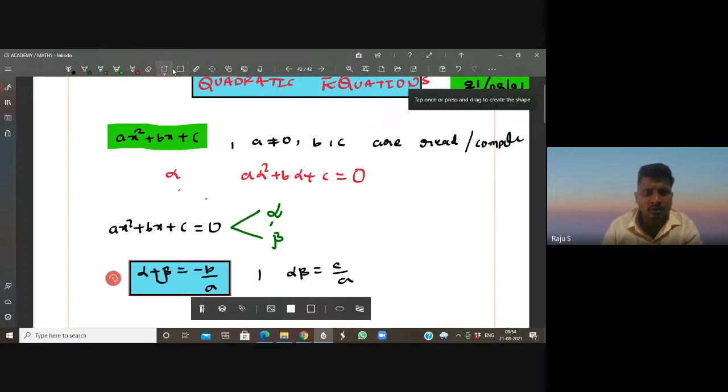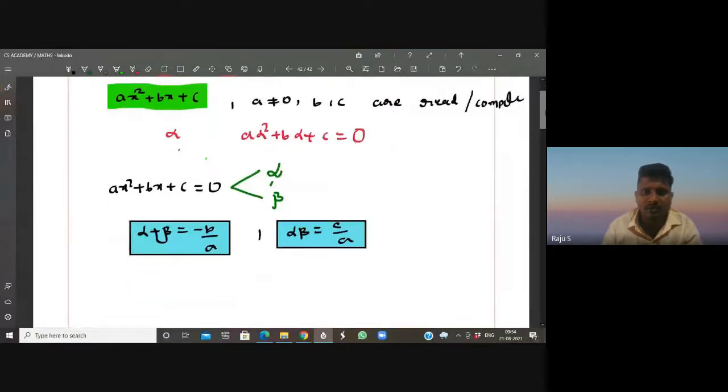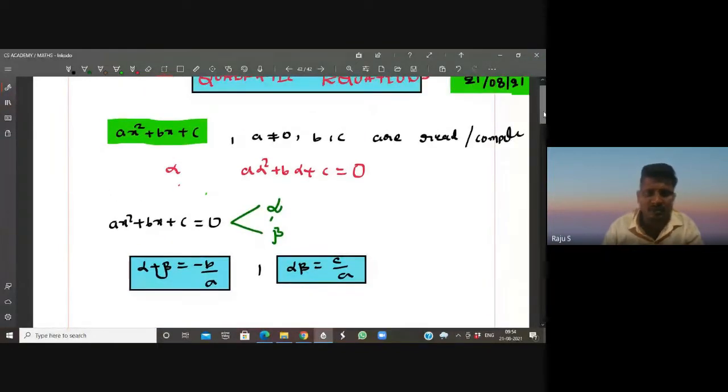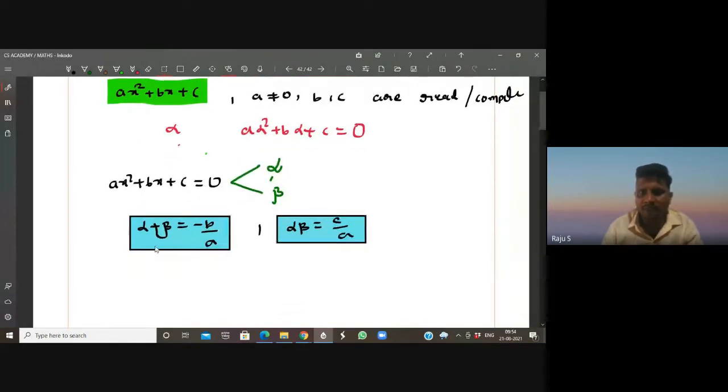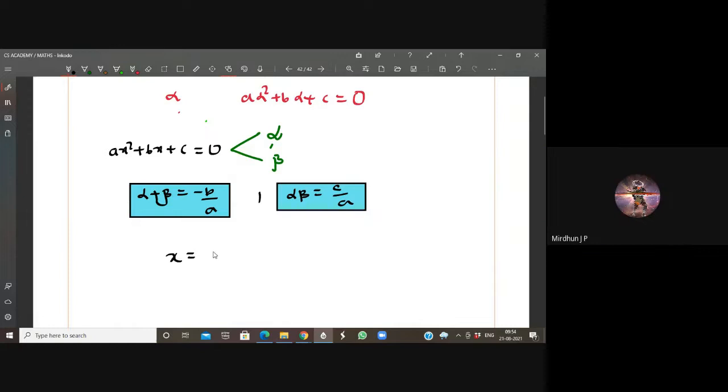We are going to discuss a few more important points like maximum value, minimum value, the different roots and properties of quadratic equations. Sum of the roots is minus b by a, product of the roots is c by a. What is the quadratic formula to find the roots? x is equal to minus b plus or minus root over b square minus 4ac by 2a.